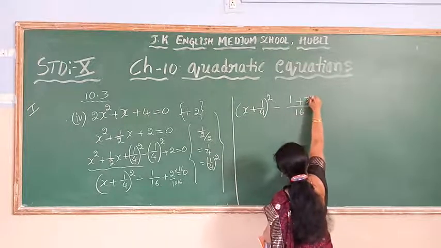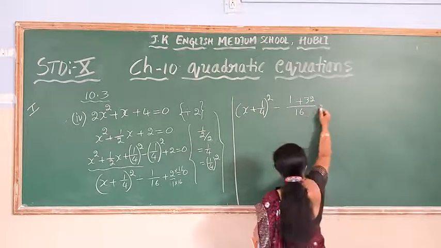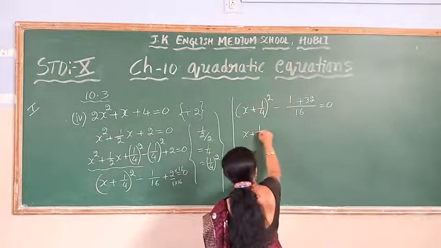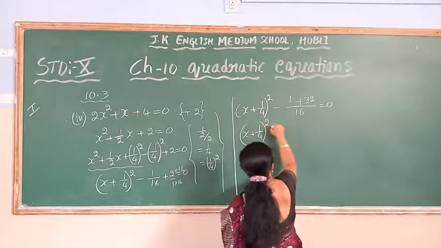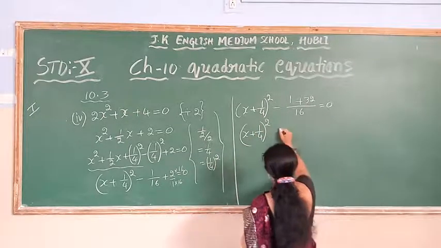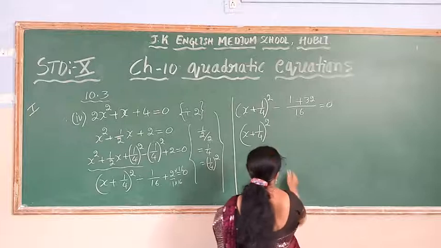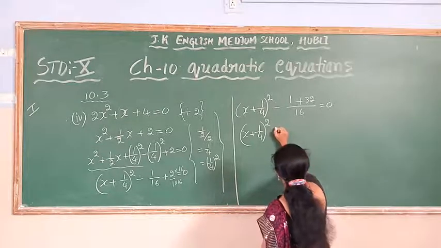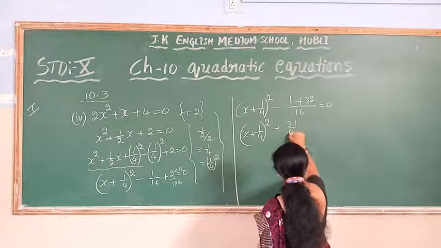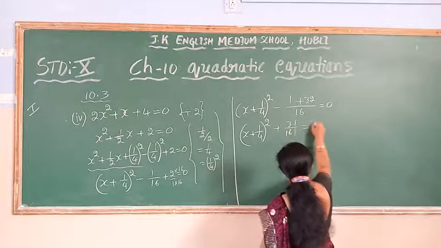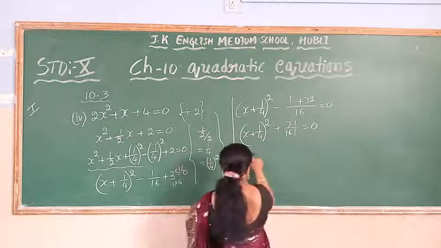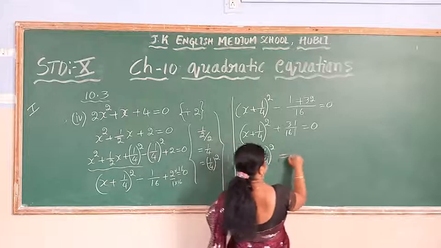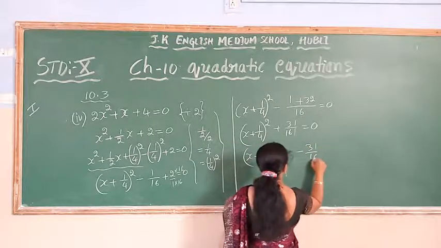Minus 1 plus 32 is 31, so minus 31 by 16 is equal to 0. So now x plus 1 by 4 whole square is equal to minus 31 by 16.